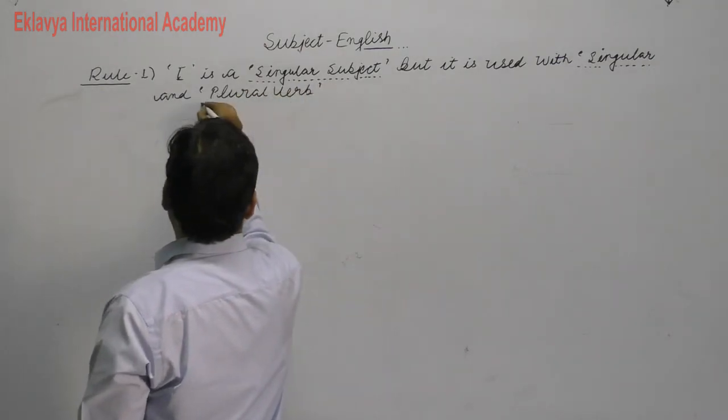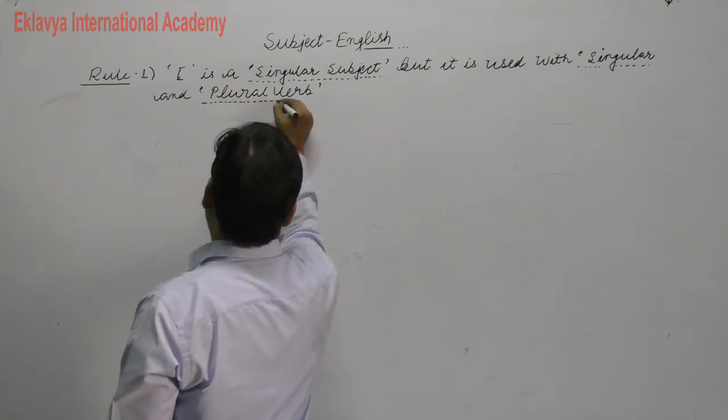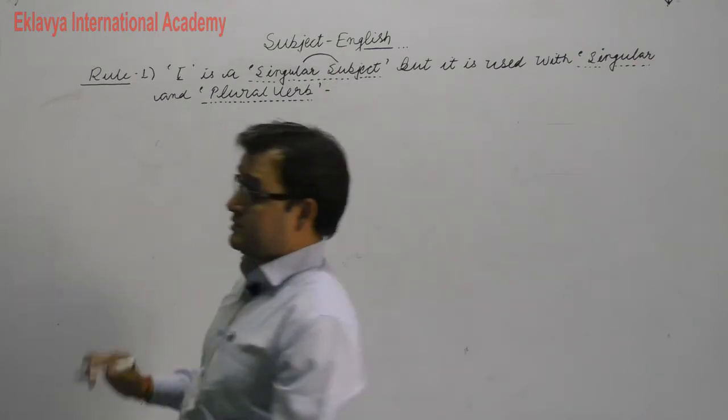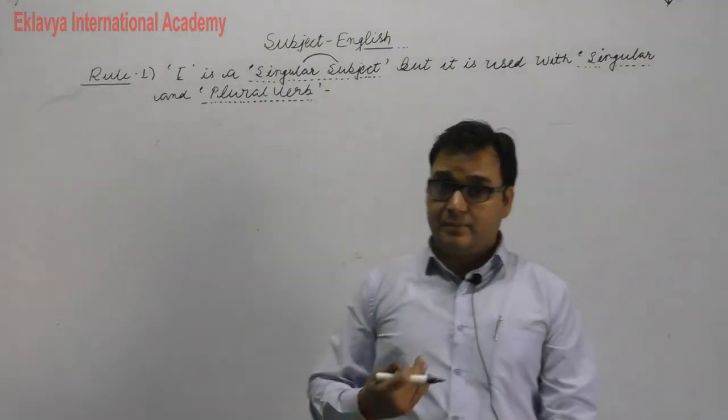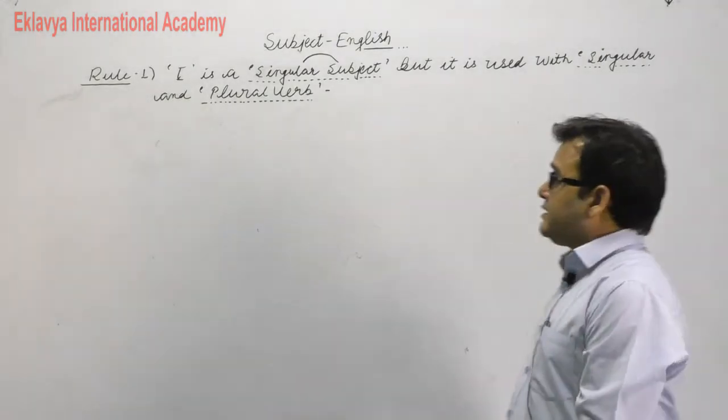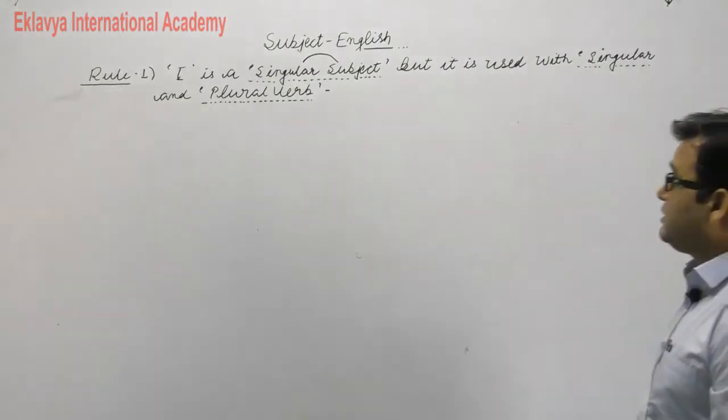The same thing I told you in the introductory part, students. I is always a singular subject. The meaning of I is मैं, और मैं कभी plural नहीं हो सकता, बहुवचन में नहीं हो सकता. So I is a singular subject, but it is used with singular and plural verb.